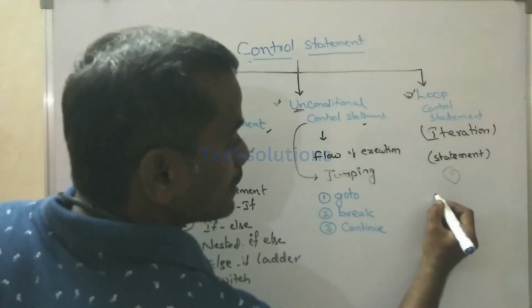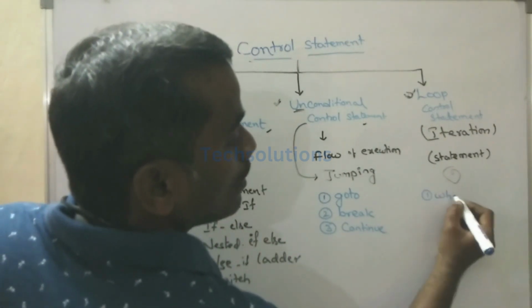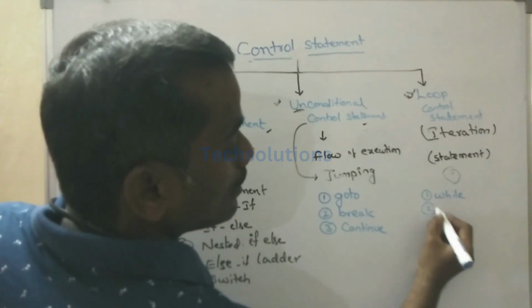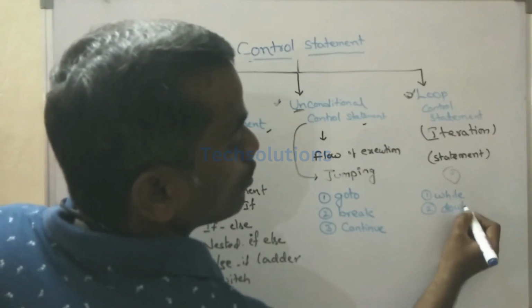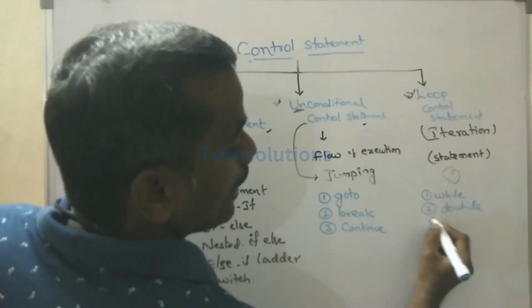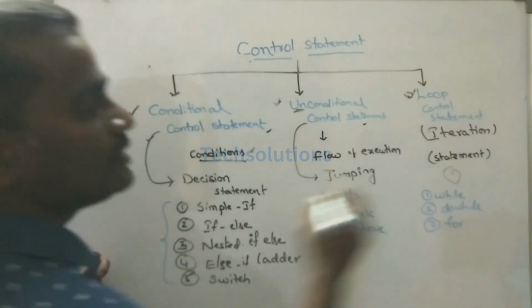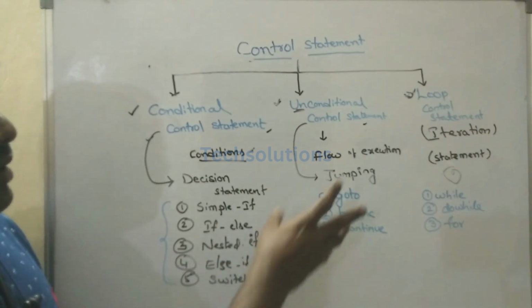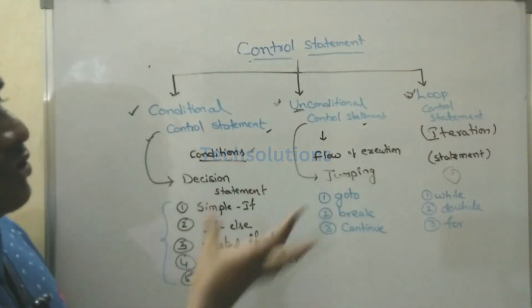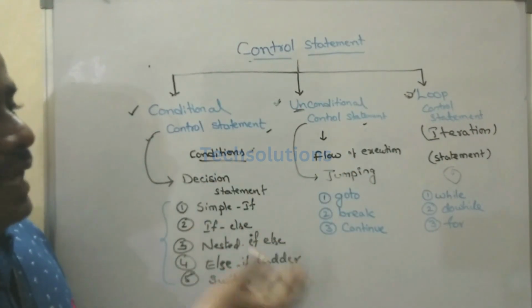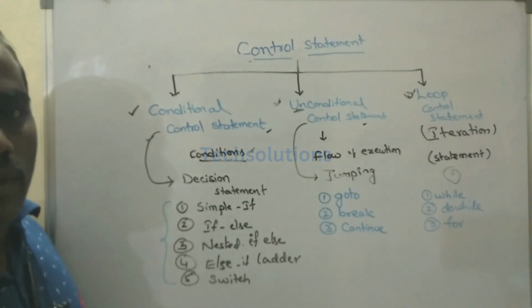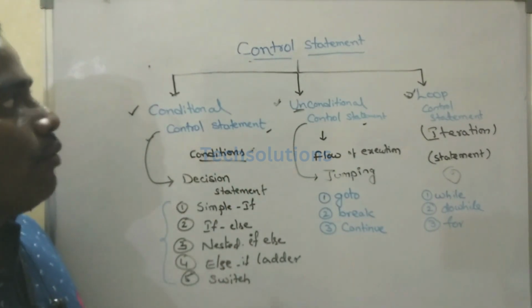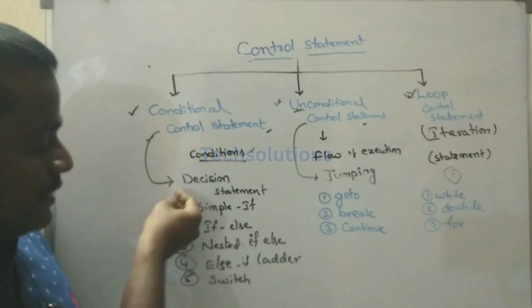The looping statements are while, do while and for. These three are the looping statements. Clear? By using these control statements we control the entire program. Now we can see one by one what the conditional statements are.